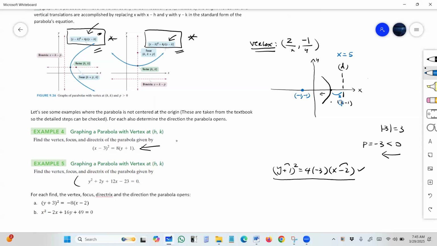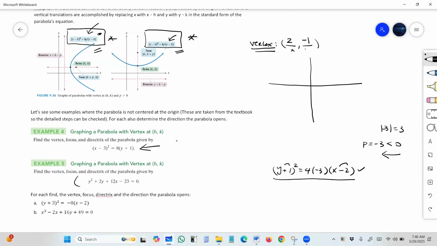Okay, I think I wrote it on the axis, but let me do it so that you don't get confused. So 2, -1. The curve opens down. This is 2, -1.